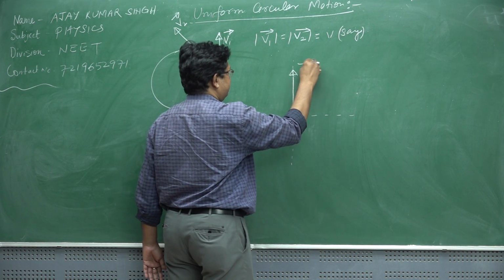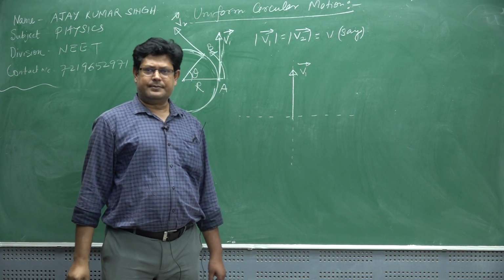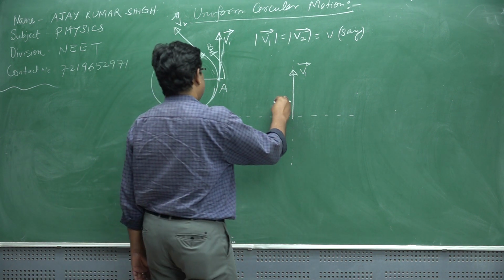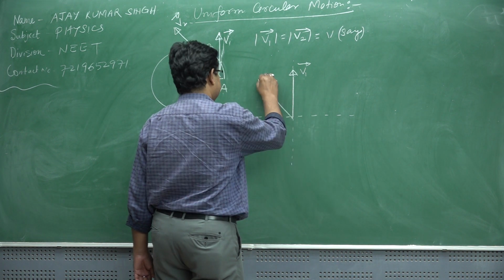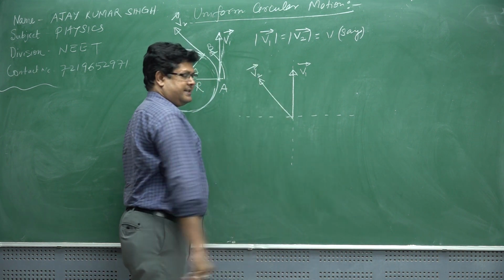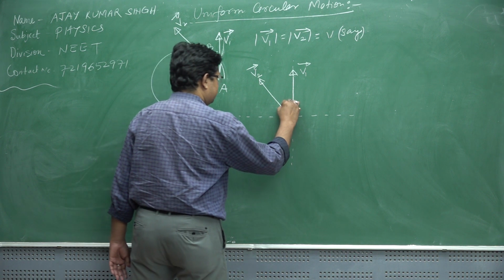Suppose this is V1. Another velocity vector is V2, which is represented by another line. So we can say another velocity vector is represented by this line. What is the angle between them? Angle between them is theta. So this is angle theta.